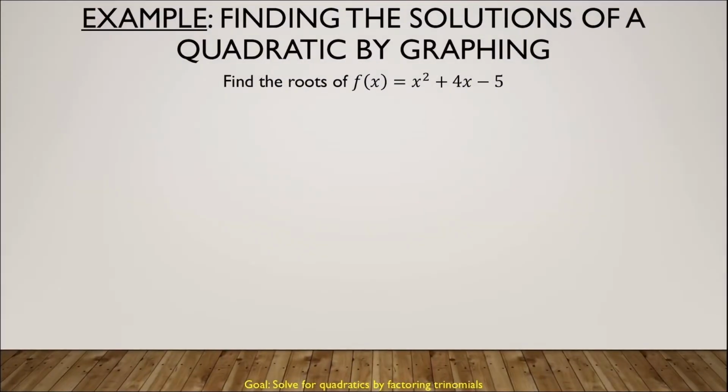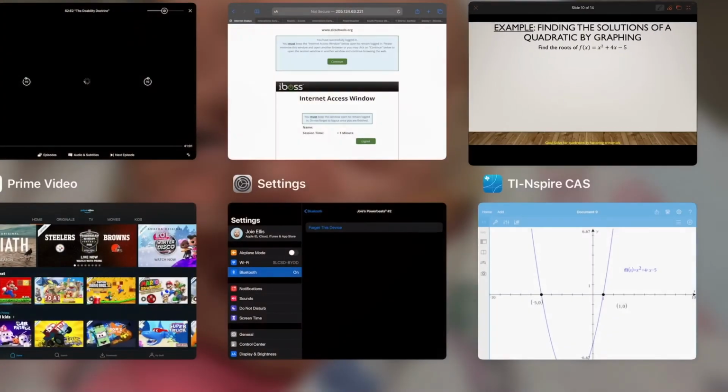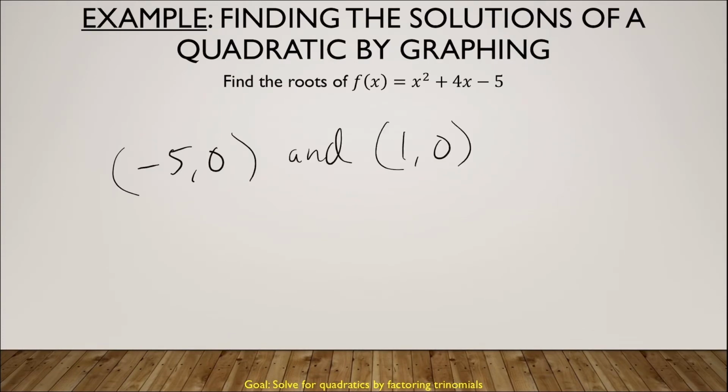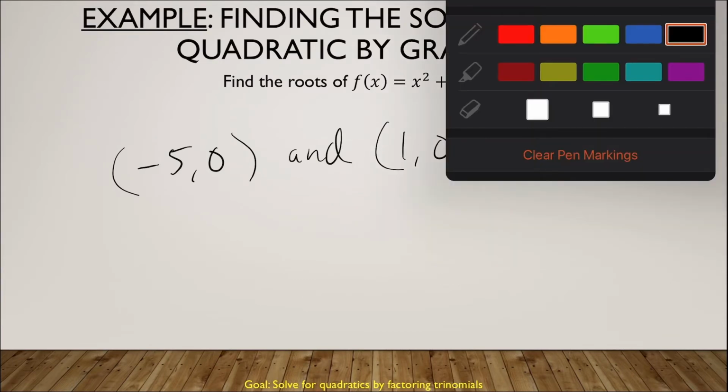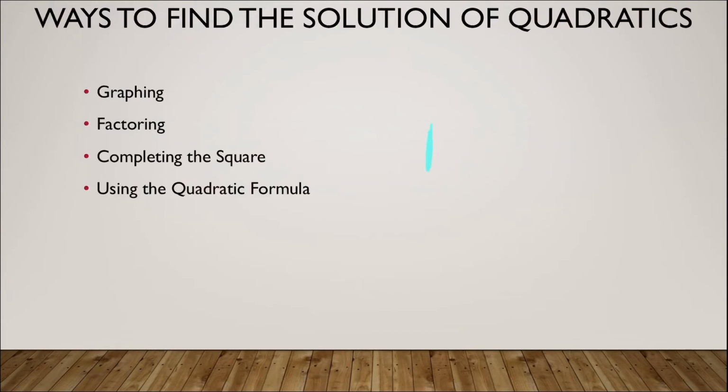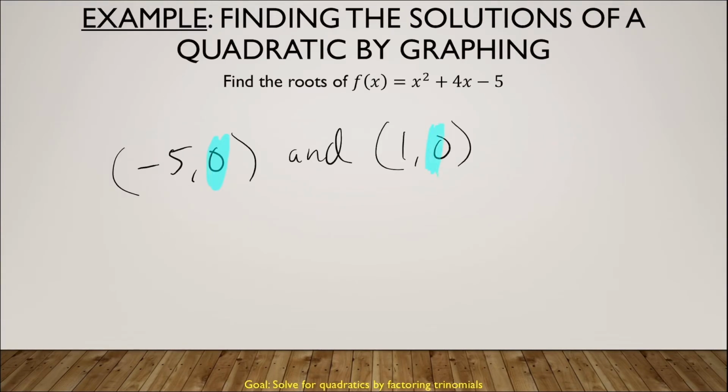Okay, come back to our PowerPoint. So we found it, we're at -5, 0 and at 1, 0. Notice in both of these that my y coordinate is a 0. Okay, so that's awesome.